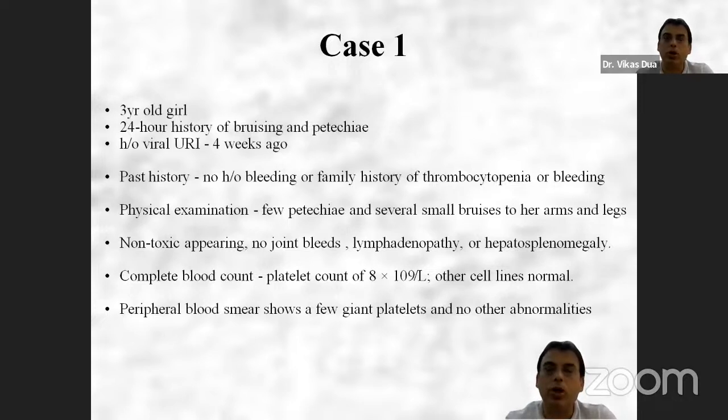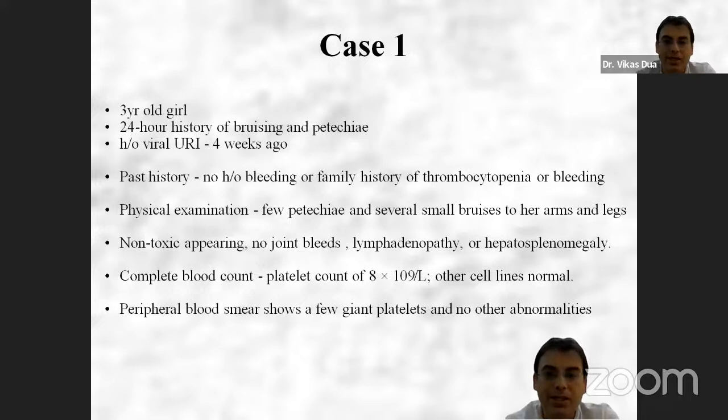The girl was absolutely all right, but the parents noticed that there are some bruises, some petechial spots over the body. There is also a history of viral URI 4 weeks back. Otherwise, the girl is okay. There is no significant past history of bleeding or any family history of thrombocytopenia or bleeding.